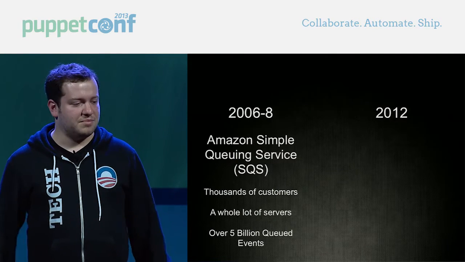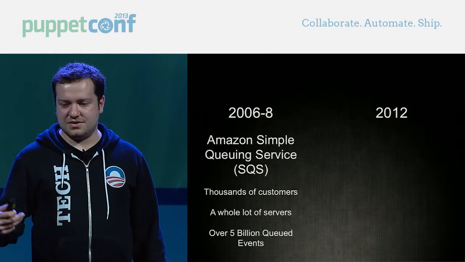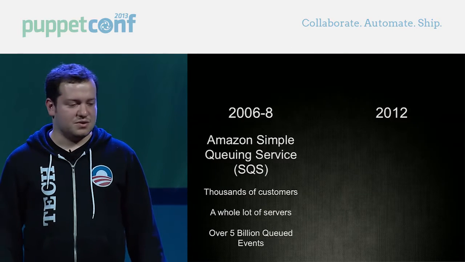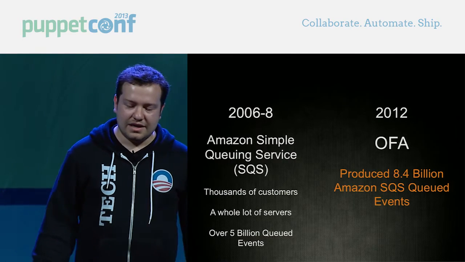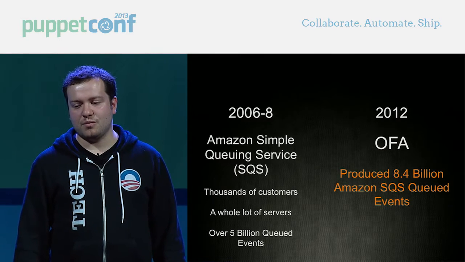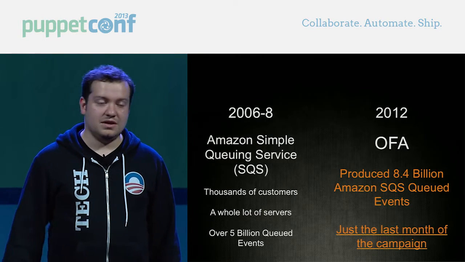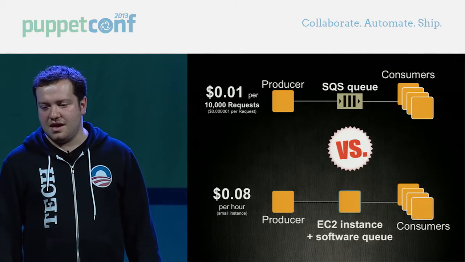Not a lot of people know that. It came before EC2 and S3. From 2006 through 2008, there were over 5 billion queued events using that service. At Obama for America, we used about 8.4 billion queued events in the last month of the campaign. So we heavily used queues.